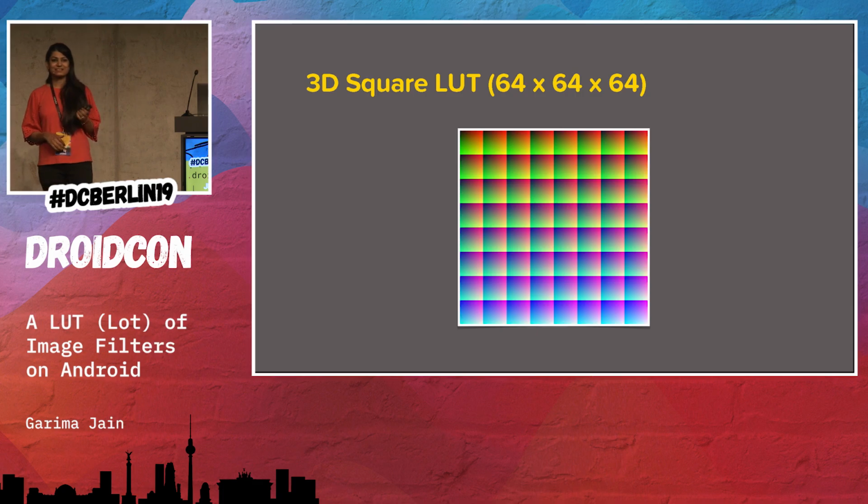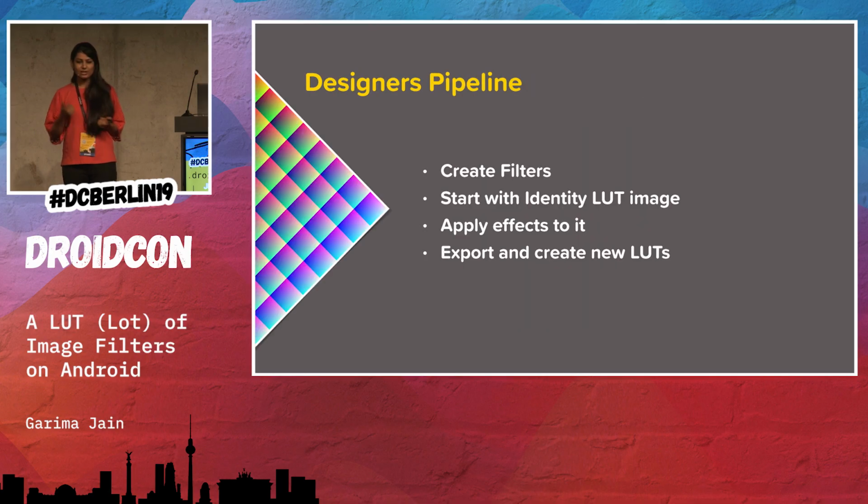So this is an example of how a 3D square LUT looks like. And let's look at the designer's pipeline. What our designers need to do is create all those filters.